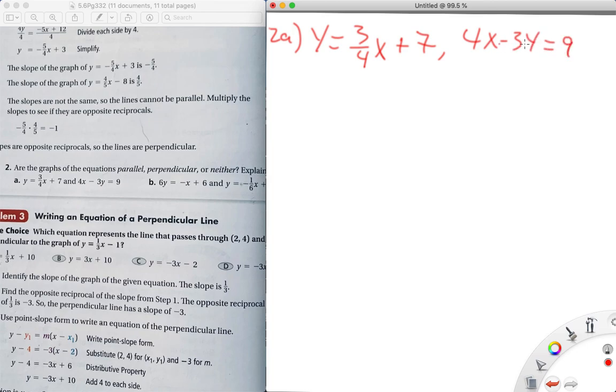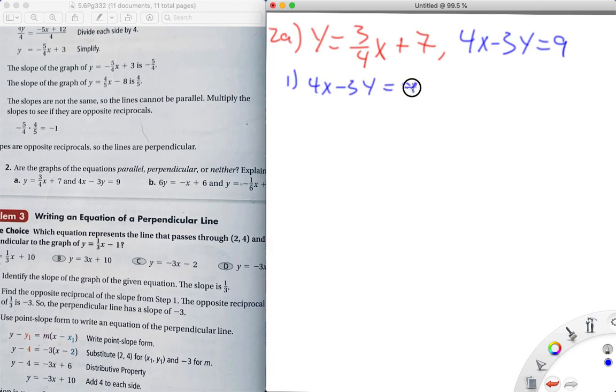I would have to convert this into slope-intercept form. So that's 4x minus 3y equals 9.